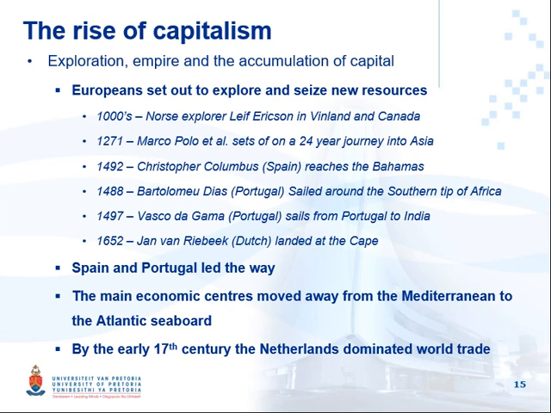With ships and technological advancement in arms, Europeans set out to explore and conquer foreign lands and seize new resources. Here you can see some of those efforts from 1000 to 1652. Spain and Portugal were leading the way, and then the Netherlands and England joined the race.